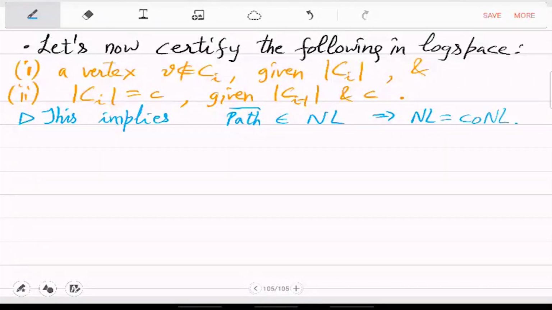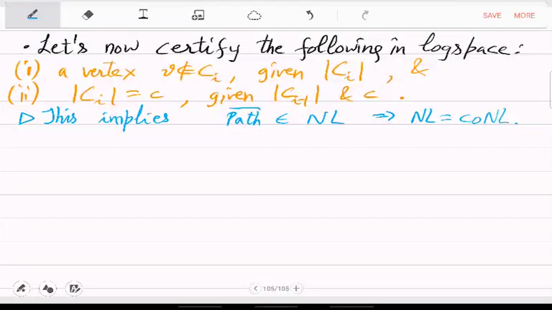Why is that? Well, because that's what it is checking. It is checking whether T is not in Cn, right? That would mean that S and T are disconnected using Cn, and Cn itself it will verify by guessing its size, which it will verify by going back to Cn minus 1.